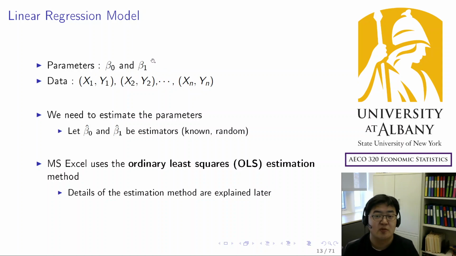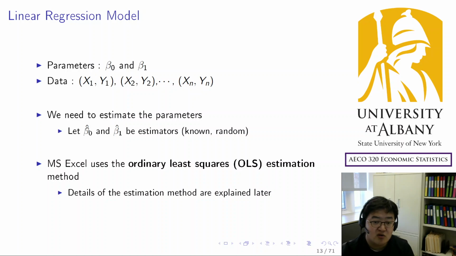So you can put different interpretations on beta 1. And the data we have are x, y, the pairs of observations about them. We will estimate the parameters beta 0 and beta 1, and we are going to denote them by beta 0 hat, beta 1 hat.